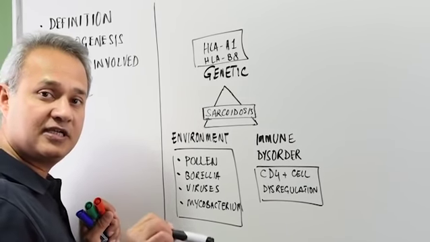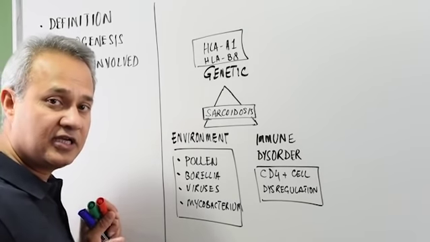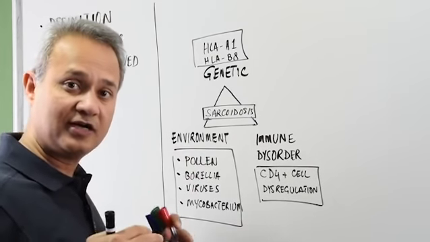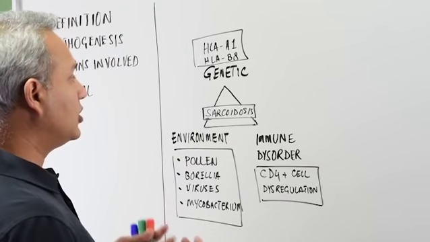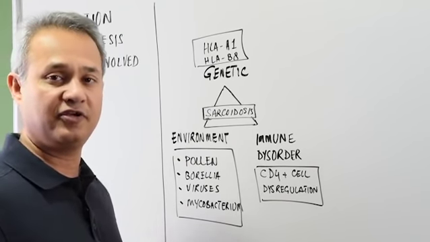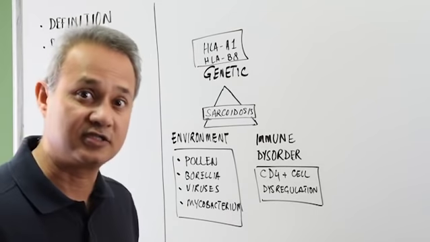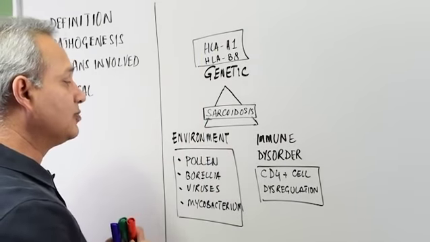Women have more incidence and prevalence than men. Interestingly, patients are under 40 years of age, so young patients, and non-smokers. So this is probably one of the very rare diseases that occur in non-smokers. So to prevent it, start smoking. No, don't do that. So that is the genetic predisposition.